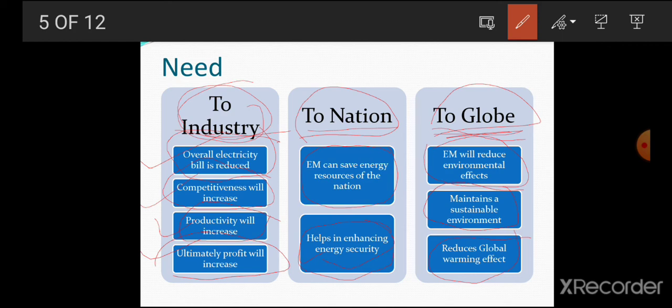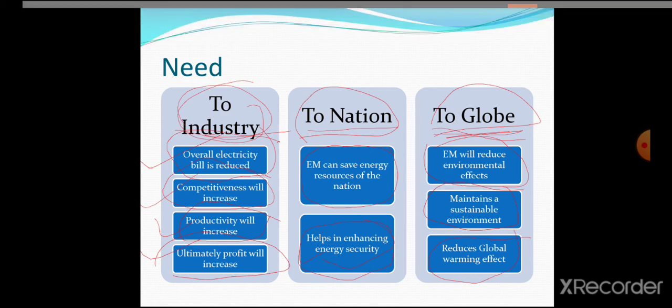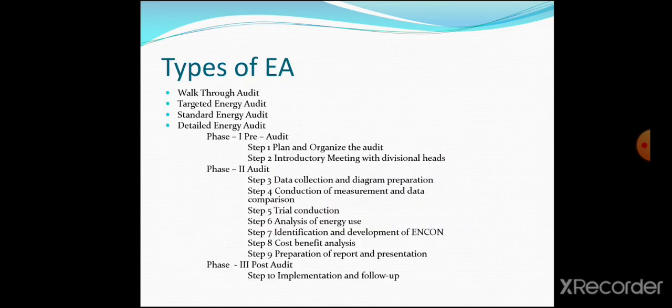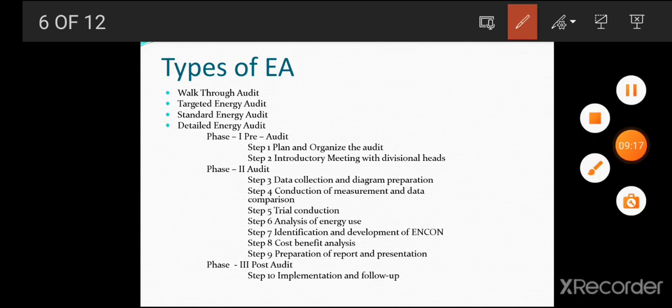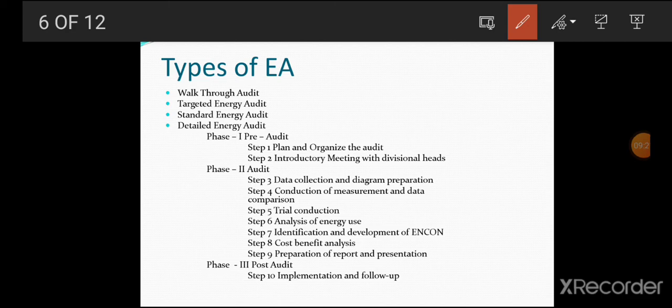Now we will see various types of audits, types of EA, that is, what are the various types of energy audit. Energy audits are the first step to improve the efficiency of buildings and industrial facilities. The first type is the walkthrough audit.